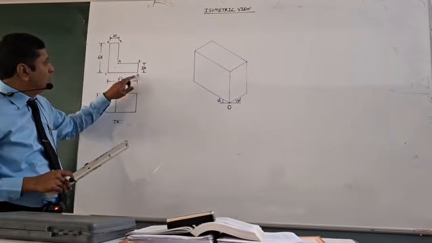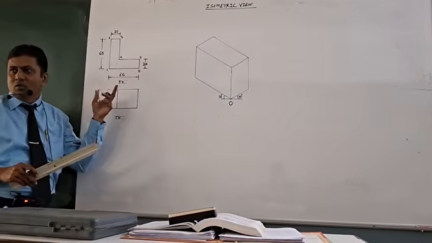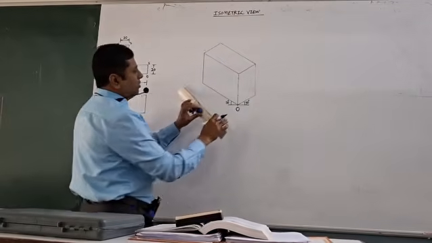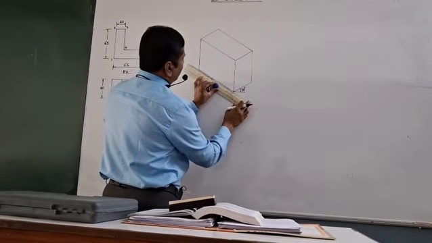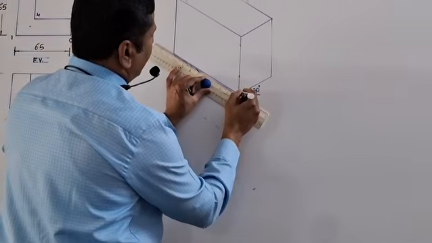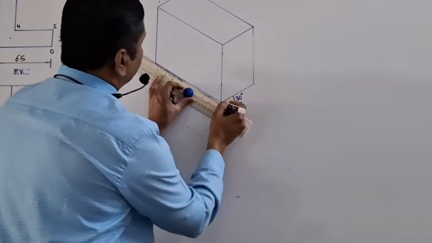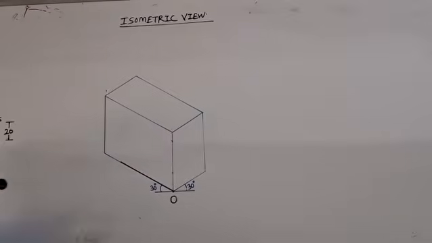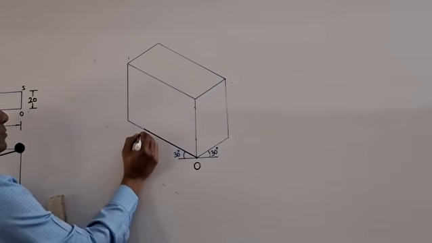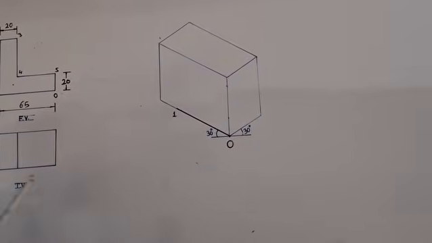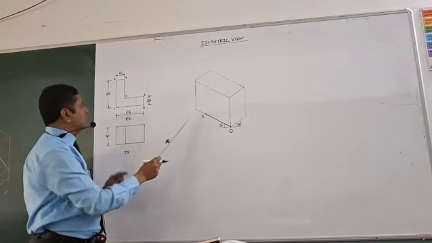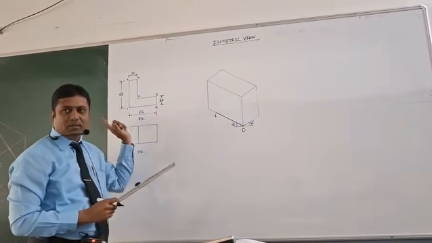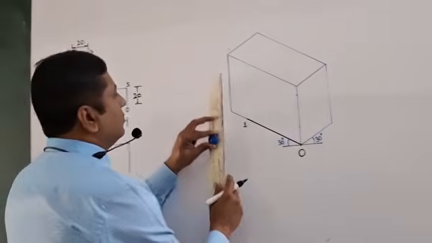What is the length from O to 1? It is 65. So from O, take 65 mm. This is my point number 1. Correct? Then 1 to 2, how much? Again the height is 65.